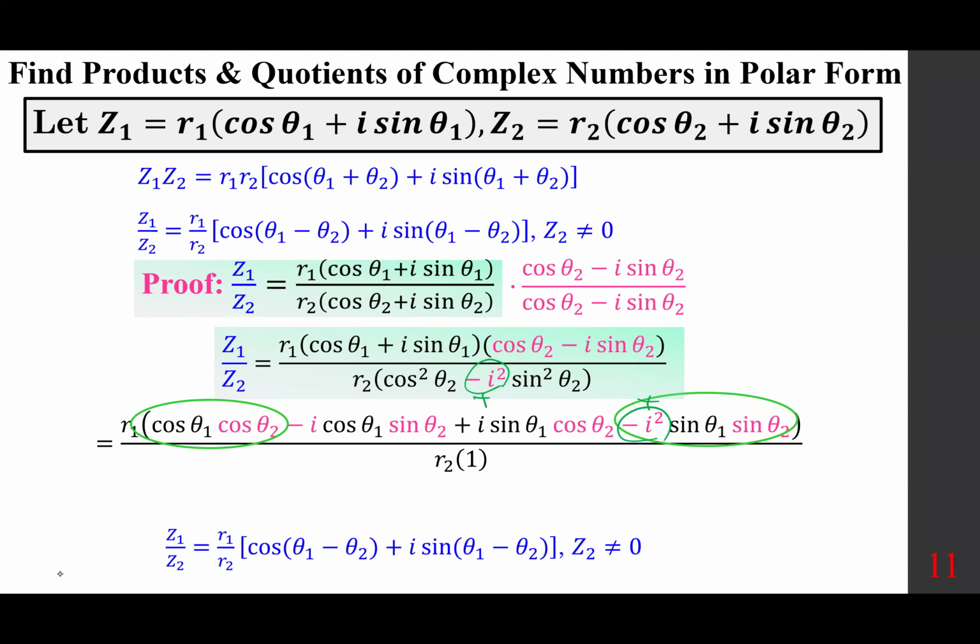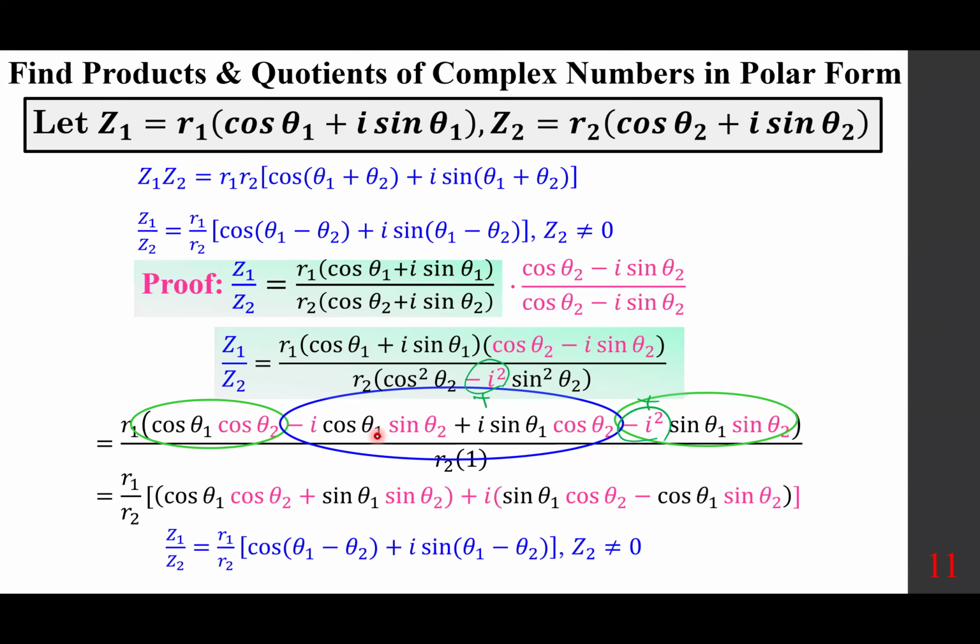We are going to write R1 over R2 times this cosine theta 1, cosine theta 2 plus sine theta 1, sine theta 2. And this part, if I take the I out, times sine theta 1, cosine theta 2 minus cosine theta 1, sine theta 2. So these two.